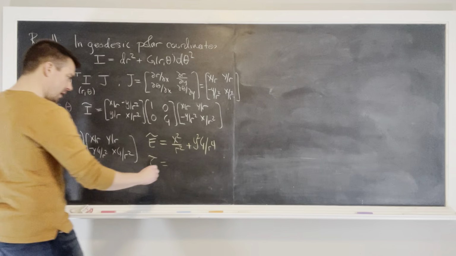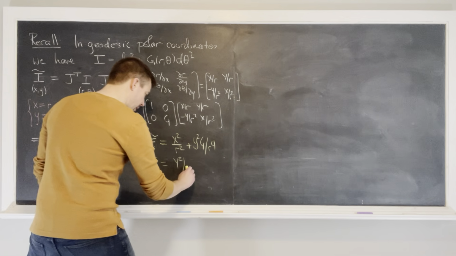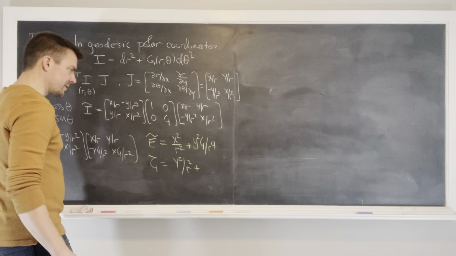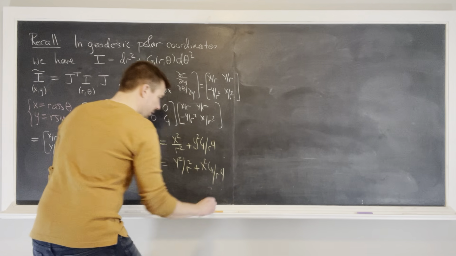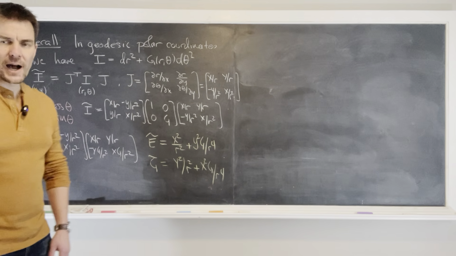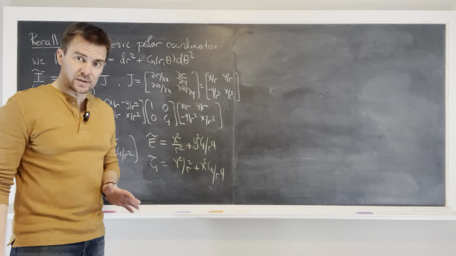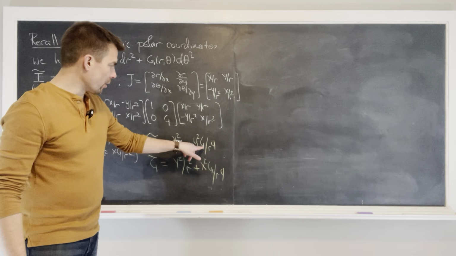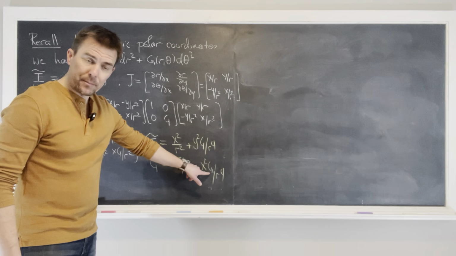G tilde is going to be y squared over r squared plus x squared g over r to the fourth. Okay, good. I don't care about F tilde at this juncture. I just care about E tilde and G tilde because E and G both have g's in them, and I'll be able to use these equations over here to deduce properties of g.